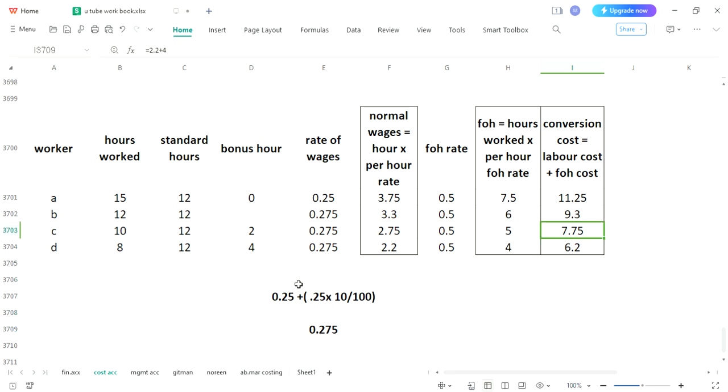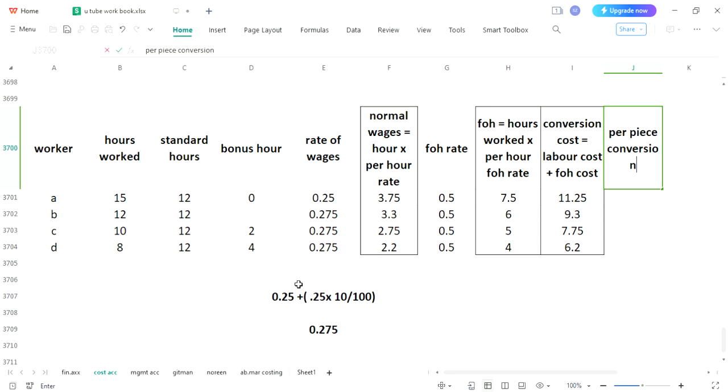So this is your conversion cost, and now we will see per piece conversion cost, and how would you calculate it? Conversion cost would be divided by number of units produced.